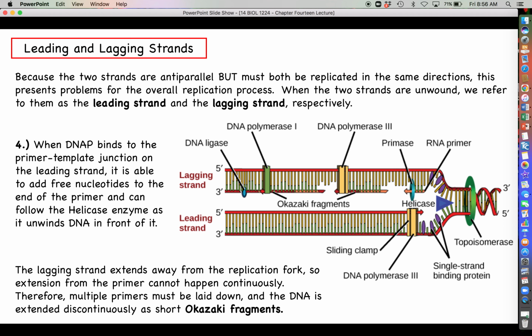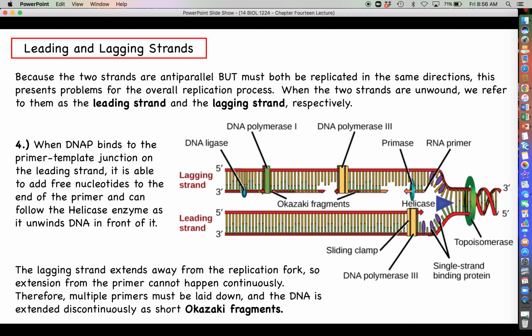But because on the lagging strand the extended DNA is going to go away from the replication fork, we ensure pretty much that DNA polymerase is always going to run into temporary obstructions that are going to cause it to stop and then fall off and then reattach once the replication fork extends a little bit further out. So because of this, primer extension cannot happen continuously.